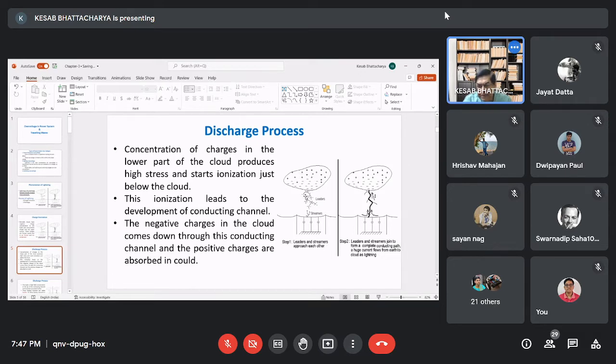So first, ionization takes place, then a conducting channel develops. Through these channels, the negative charges from the cloud come down some distance, and the positive charges formed due to ionization of air below the cloud flow toward the cloud and are absorbed in it.